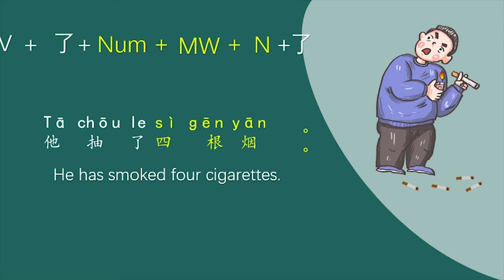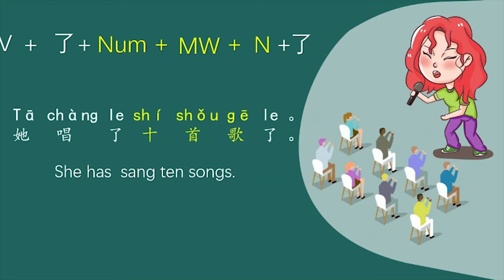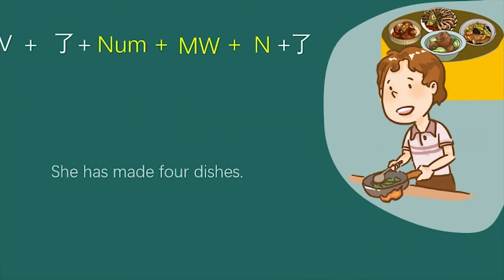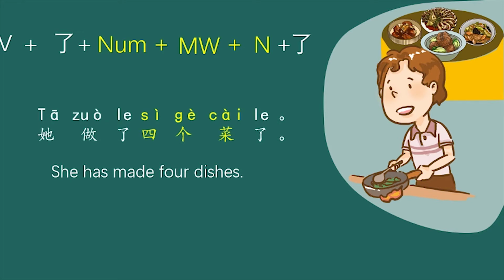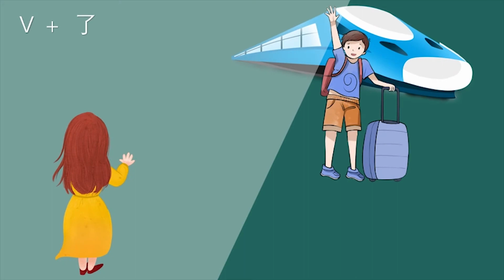That is the sentence 了, which means the action continues. 他抽了4根烟了。他唱了10首歌了。他做了4个菜了。Let's see the examples of future tense.